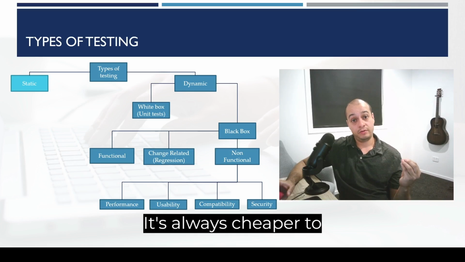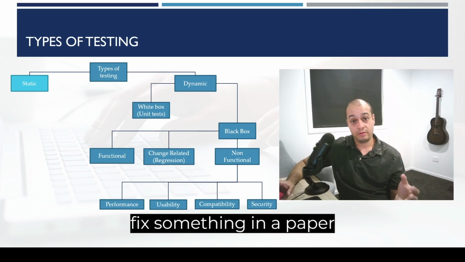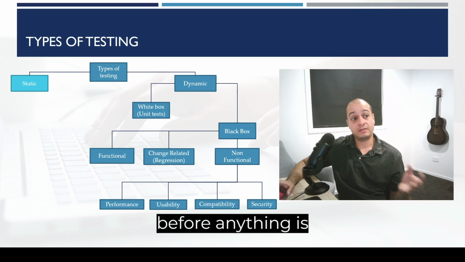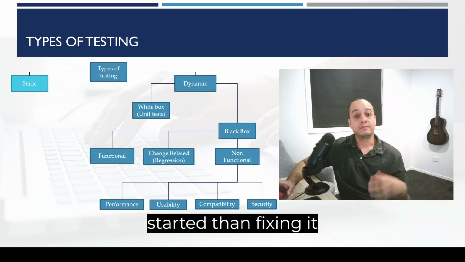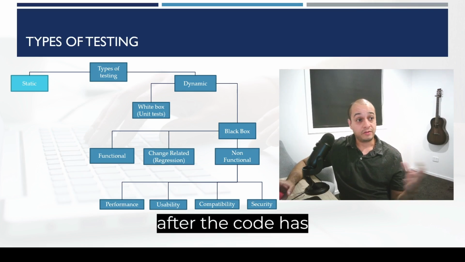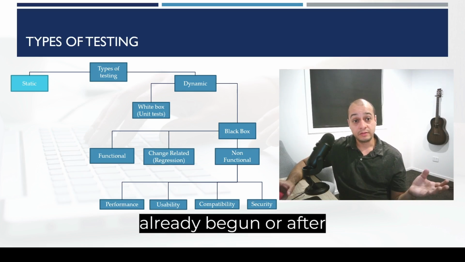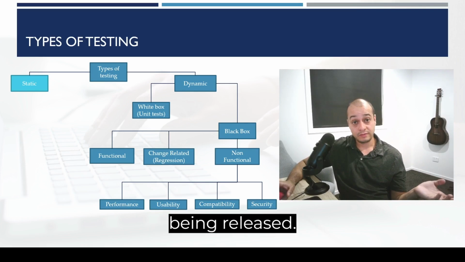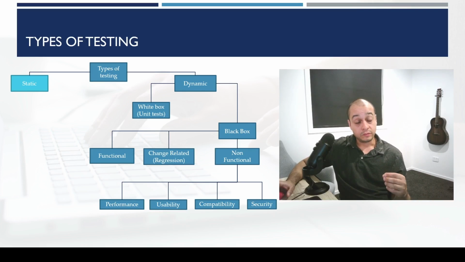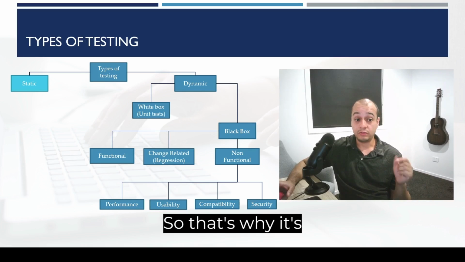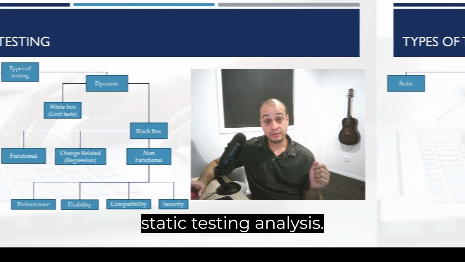It's always cheaper to fix something on paper before anything is started than fixing it after the code has already begun, or after the code is already being released. So that's why it's important to do this static testing analysis.